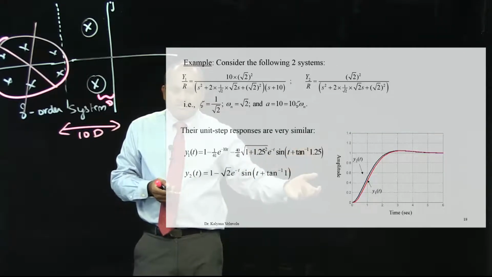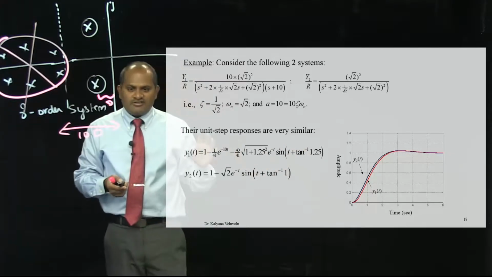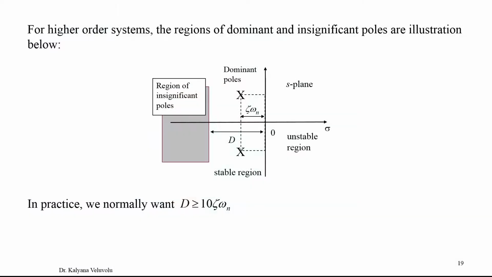This system will give you 95% accuracy, and this system will give you 99% accuracy. So the accuracy levels change depending on your choice. So anyway, we'll be happy to approximate, because designing a system for a standard second order system is much easier. The controller design and the analysis is much easier. If you want to analyze higher order systems, it's going to be very tricky.